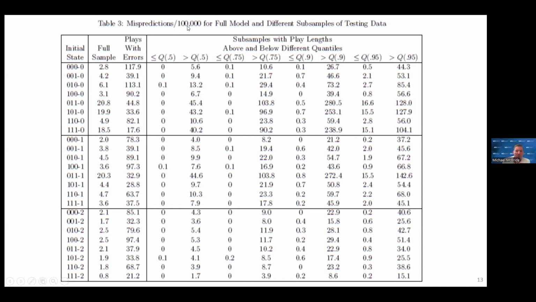So out of every 100,000 plays, when there's nobody on base and nobody out, only 2.8 out of 100,000 plays were mispredicted. So we think that's a pretty good rate.